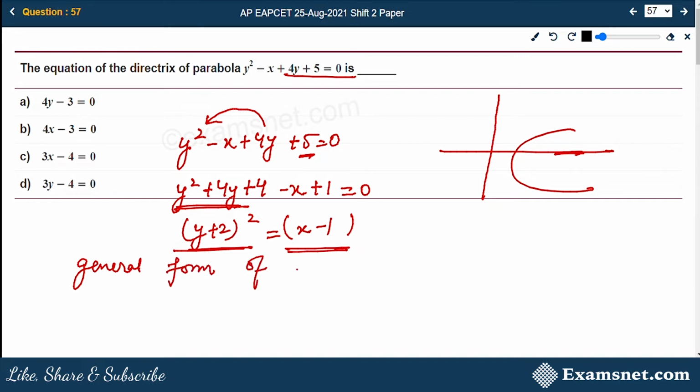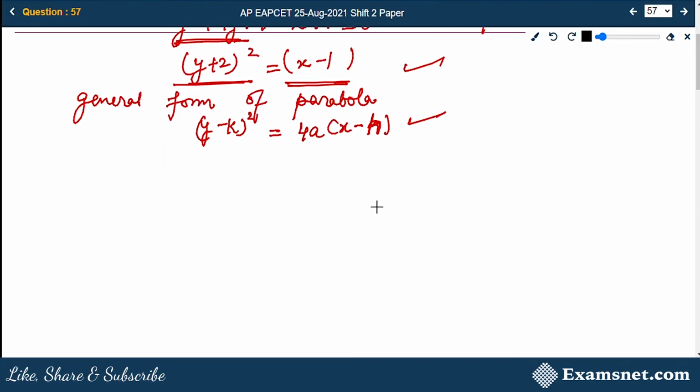General form of parabola is given by (y minus k) square is equal to 4a (x minus h). This is the general form of the parabola. Now let's compare these two equations. What you will get after comparing them?